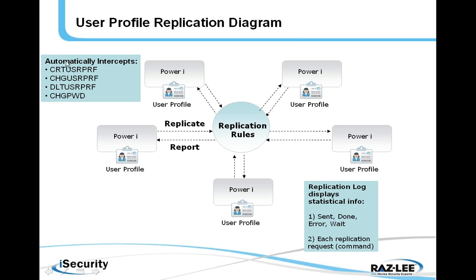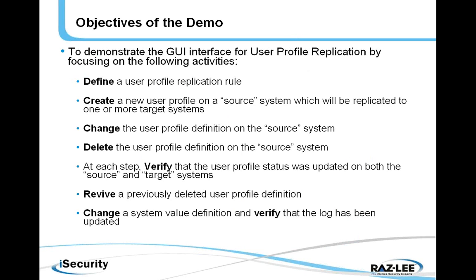So again, the product automatically intercepts these commands: create, change, delete user profile, and change password. And the replication log displays statistical information regarding the computers, the target systems, whether or not the command was issued successfully, whether there was an error, perhaps we're waiting for the remote system to respond. And the log also contains the full replication request, that is the command itself.